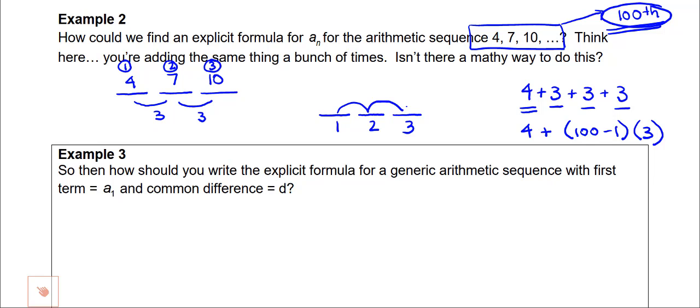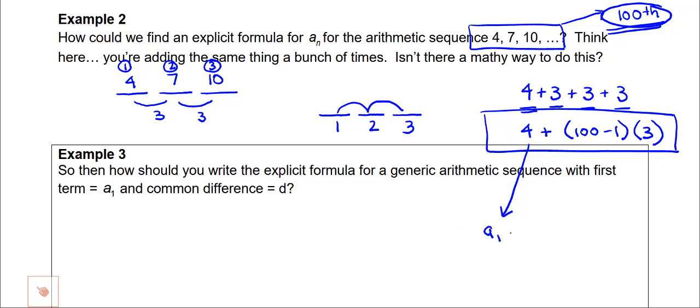Anyway, so then let's take this idea and make it a formula. Who is 4? Term 1. How about that? Right? Plus, what's 100? Where the last term is.